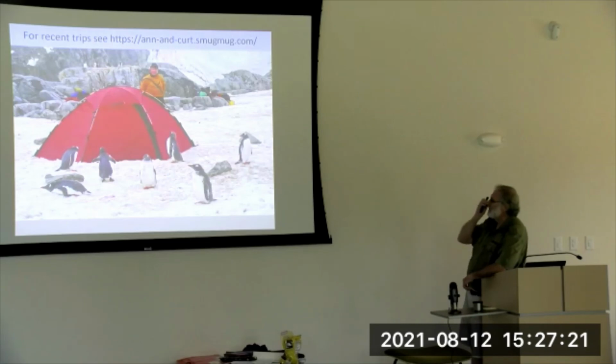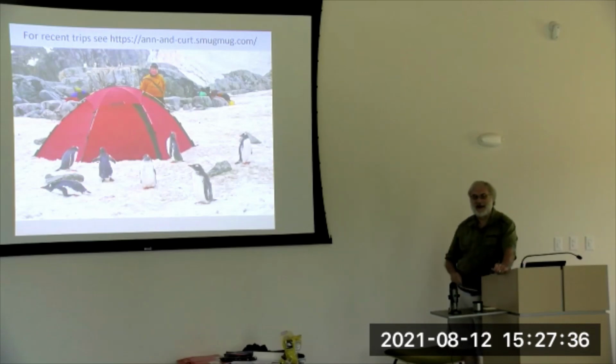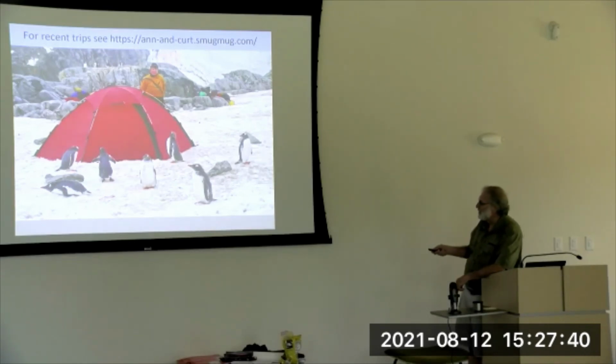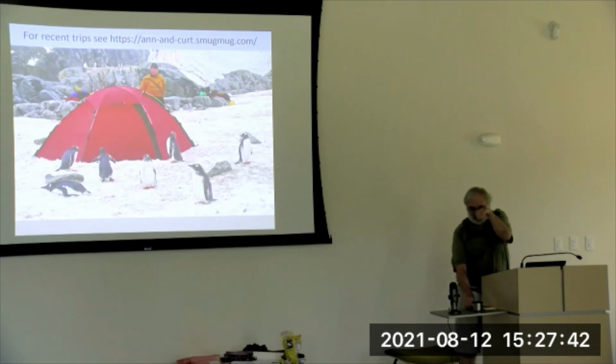Here's a typical campsite. My wife, penguins everywhere. And the brown snow, that's not dirt, that's from the penguins. And so all night long, these things are sitting there going, and then they have these cute little tails and they raise their cute little tail and they spit out this big tobacco blob of half digested sardines and krill and stuff.